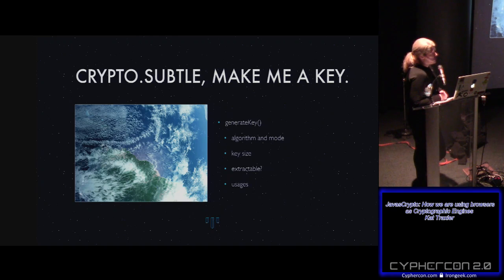When you are creating a symmetric key, the only algorithm available is AES. That's all we have. And in fact, if you don't specify a key length when creating a key, 256 is what it defaults to. In addition, you need to indicate if this key is going to be extractable or not, and its usages.